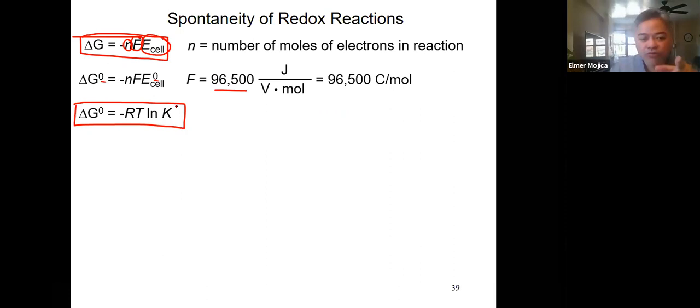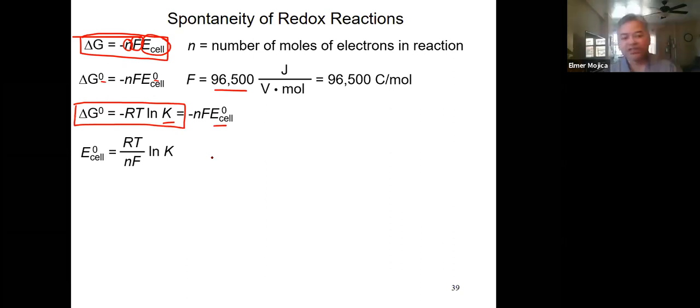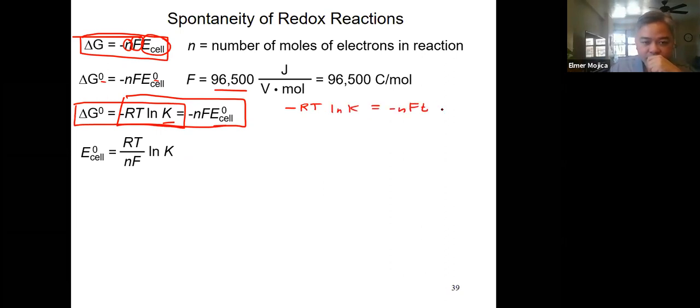So we can link this to the one that we have here right now. So delta G can be related to K and can also be related to the cell potential. And if we're going to look at how we combine these two equations, this is just like this one. And what happened?